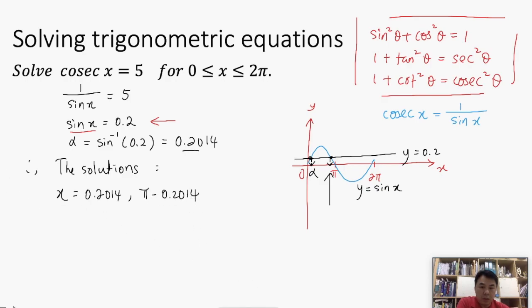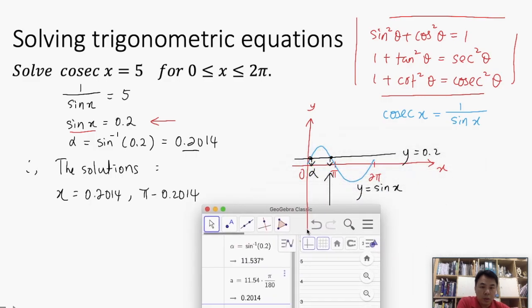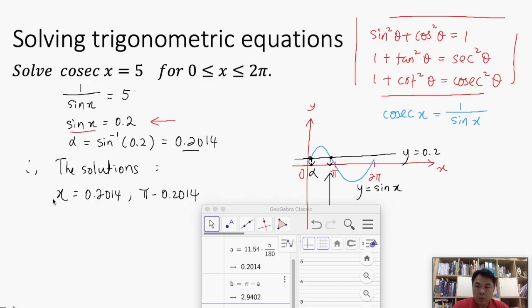So just let me get my calculator and then compute this to see whether we got this correct. Right. So we take pi minus a there. So we get our final answers to be 0.2014, and then the other solution is 2.9402.